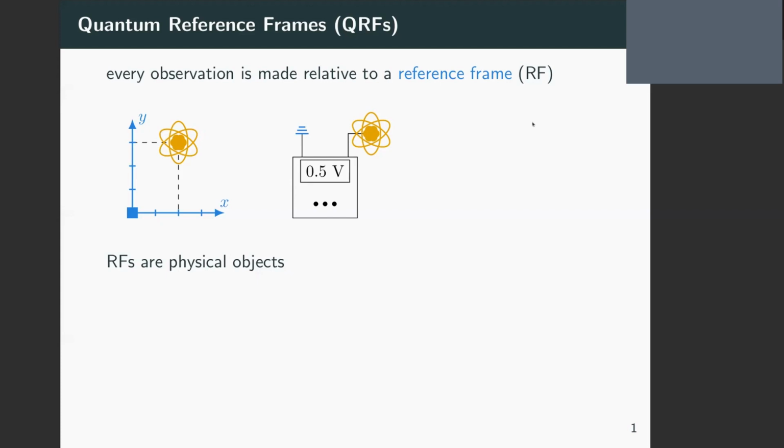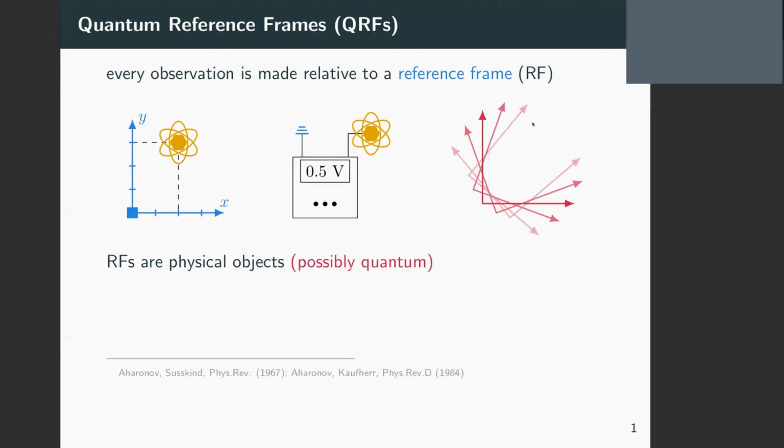And this has happened, and this is very important for our cause here, with quantum systems. Sometimes we are just in a regime where there are no classical objects that can serve as reference frames. And so we have to start considering what happens if our reference frame is a quantum object. This directly leads to the notion of a quantum reference frame.